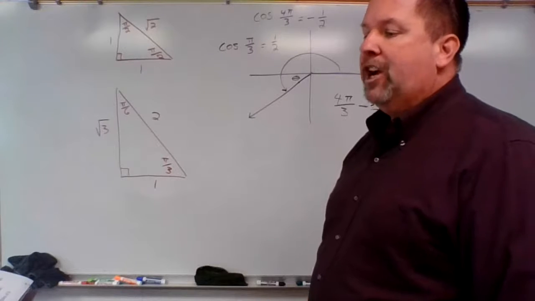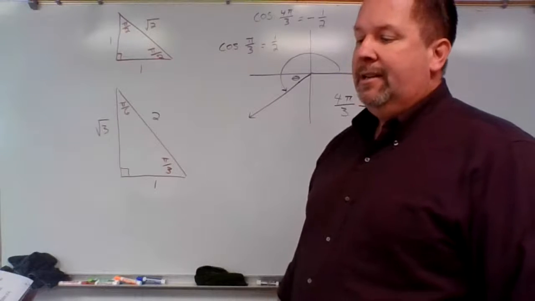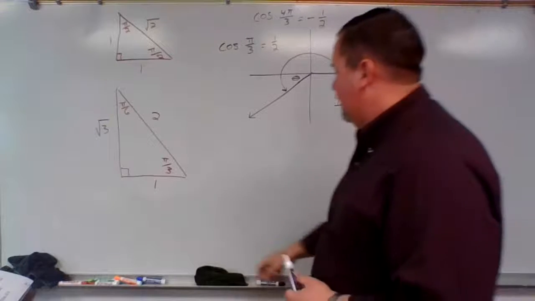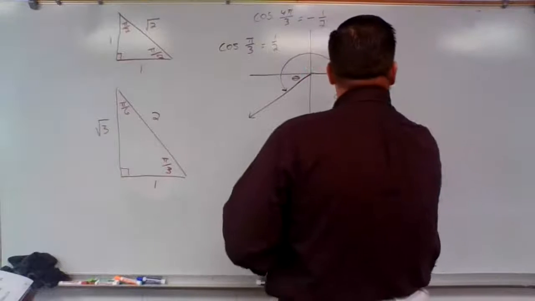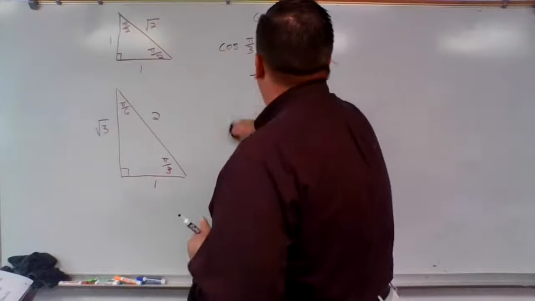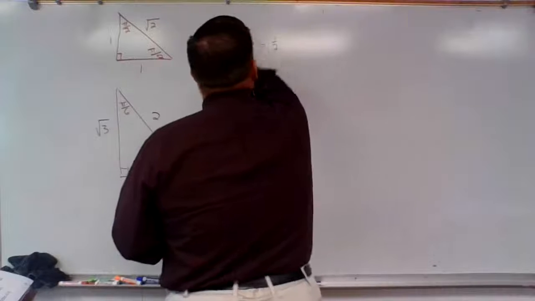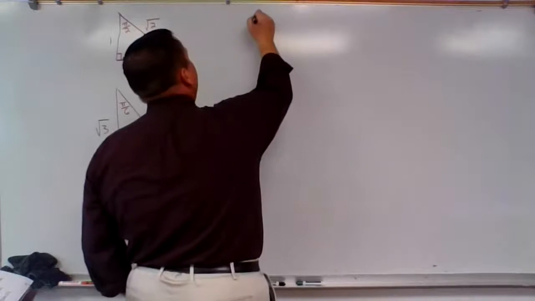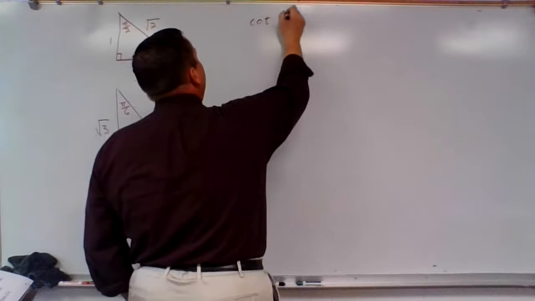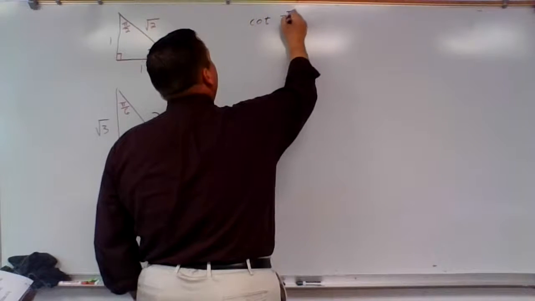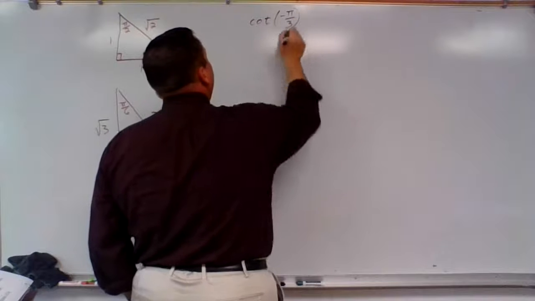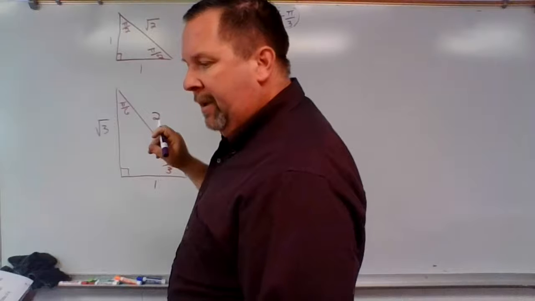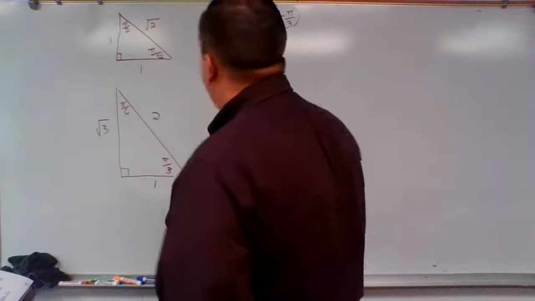Last one, they want the cotangent of negative pi over 3. All right, let's have a look at that one. Seems a little trickier. Cotangent of negative pi over 3.